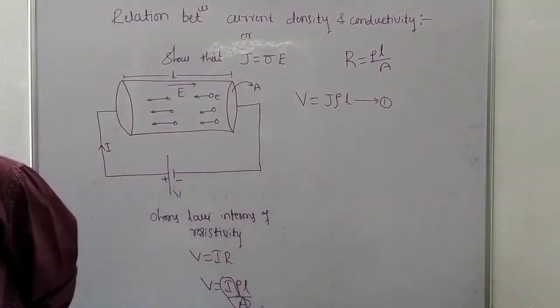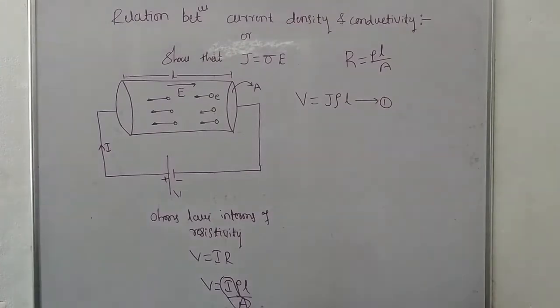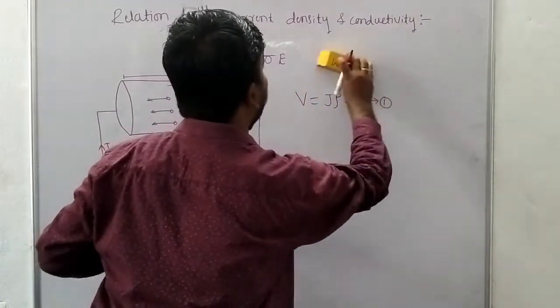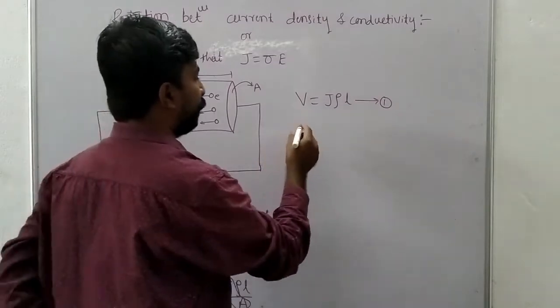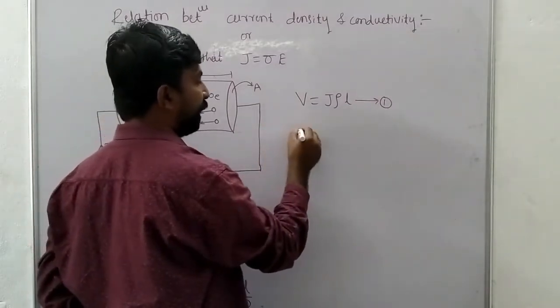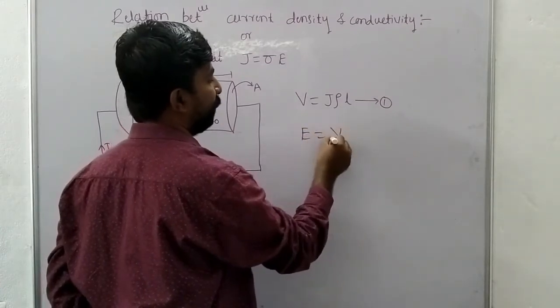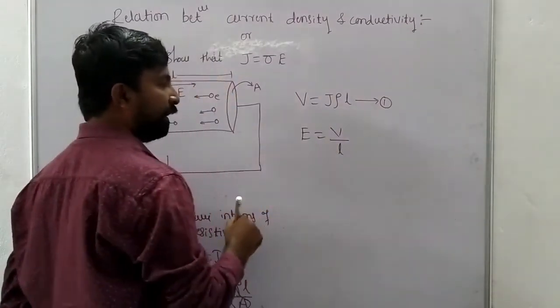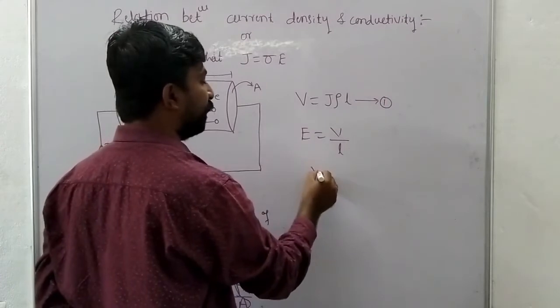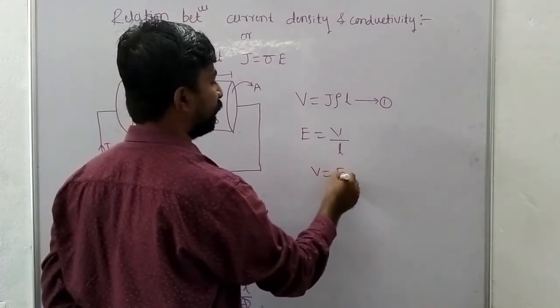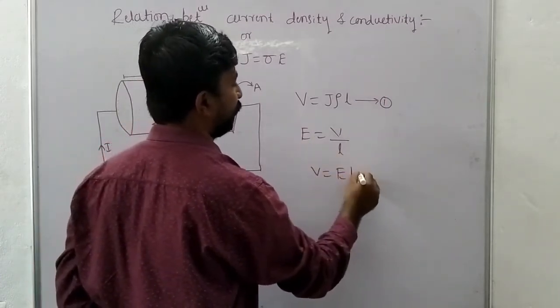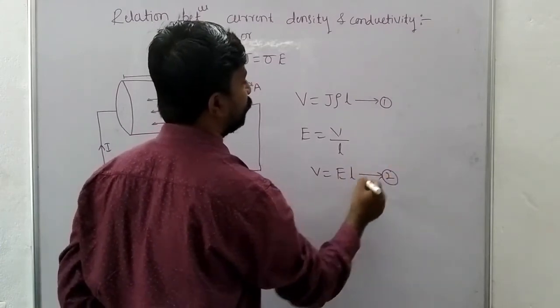Where E is the electric field between the two ends of the conductor. In terms of potential difference, we can write E is equal to V by L. Therefore V is equal to EL. So this is equation number 2.